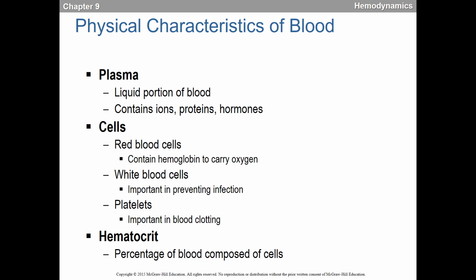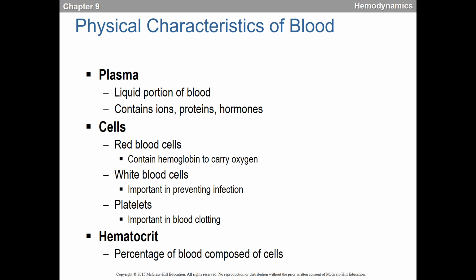It mostly contains ions, proteins, hormones, different things like that. Plasma also has clotting factors in it, so if you ever work in a lab, you can read about plasma versus serum, and serum doesn't have clotting factors. That's more or less a research question. Some things travel in plasma, and with some things you can take out the clotting factors and it doesn't matter, so serum.